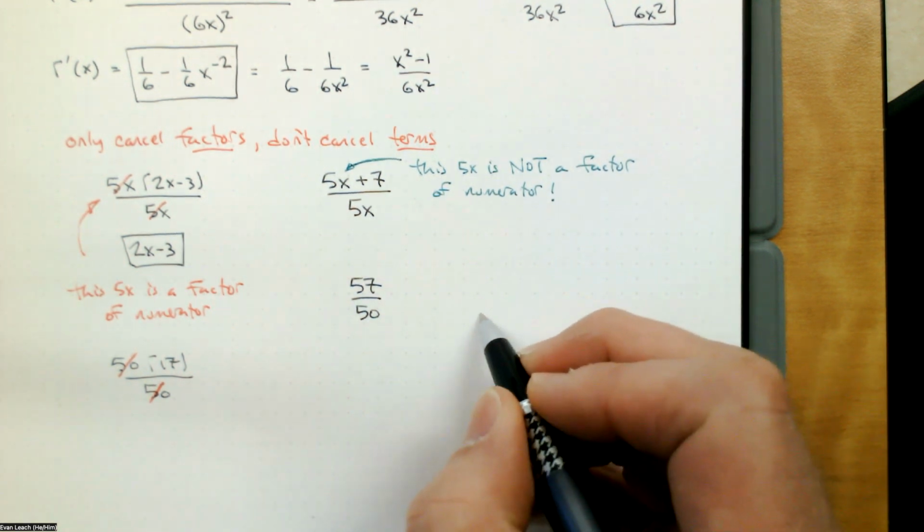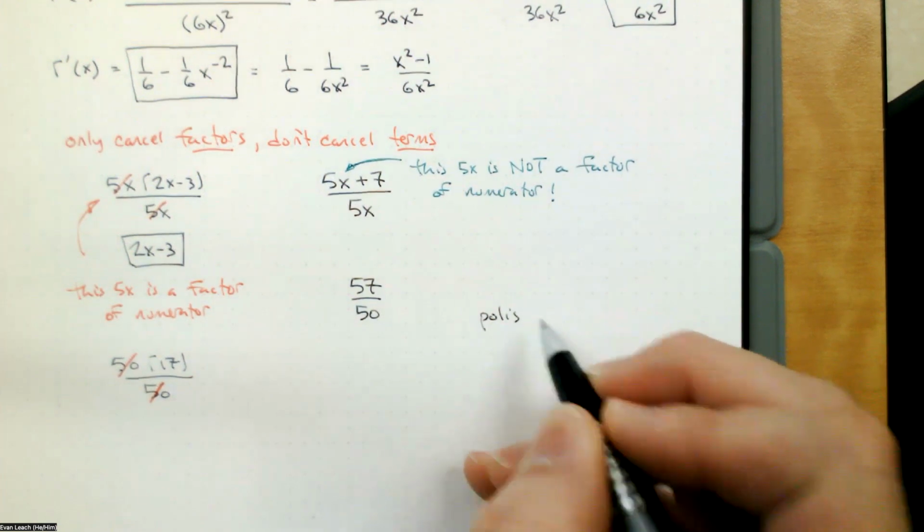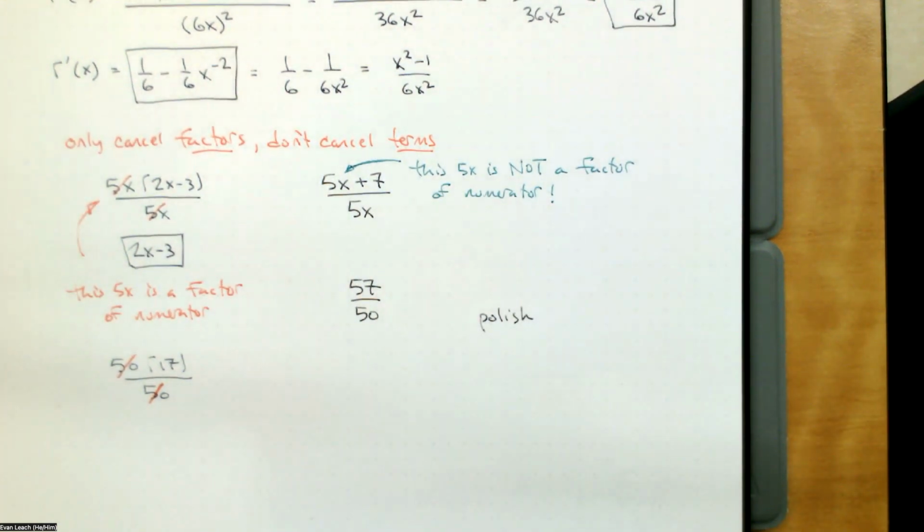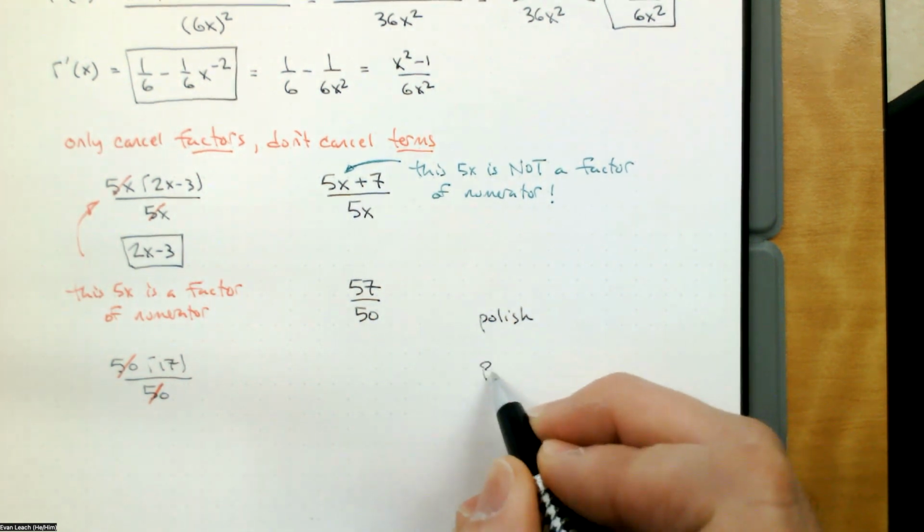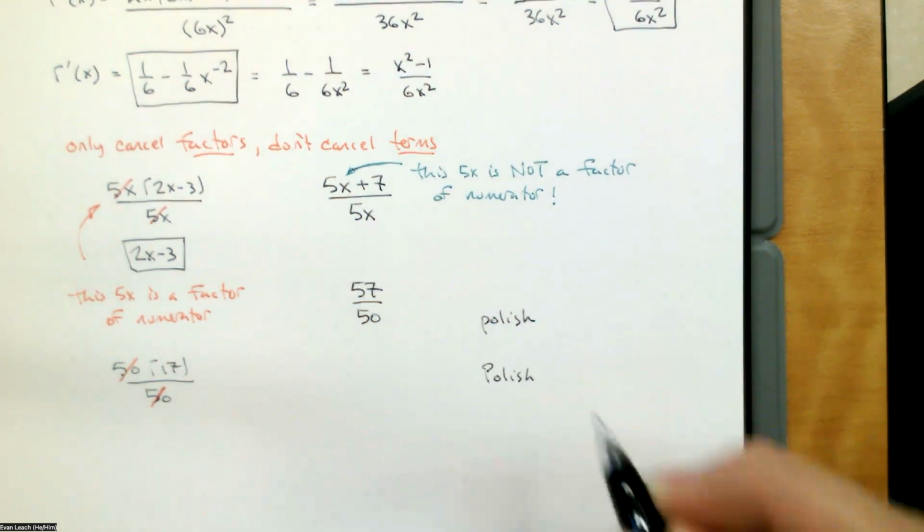Like, how do you pronounce this word? How do you pronounce that word? Not your question. How do you pronounce that word? With a lowercase p. Polish, right? But if I write an uppercase p, now what do we say?